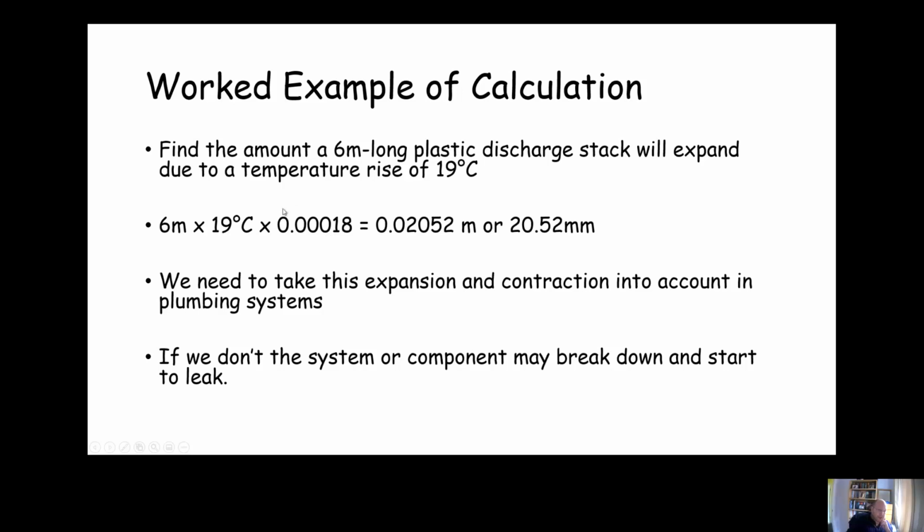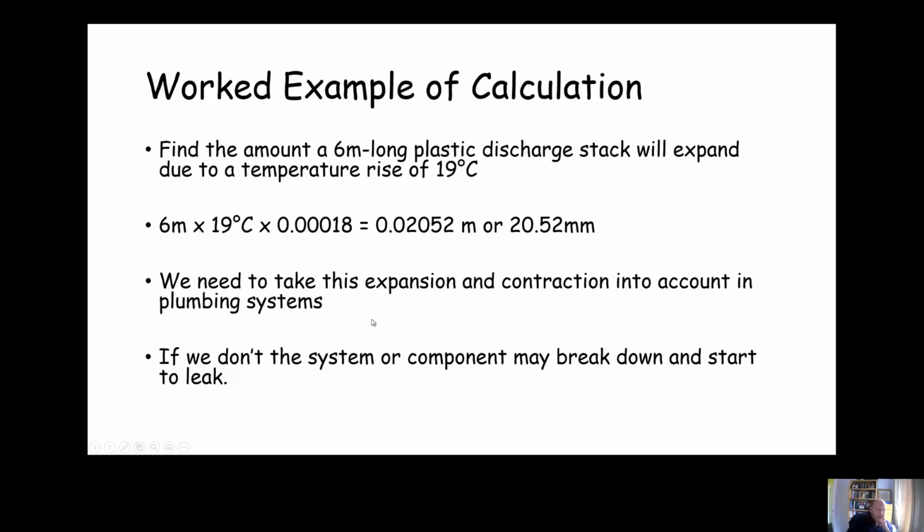So we multiply the coefficient of linear expansion by the temperature rise, 19, by the length, which gives us an answer in meters. In this case, it gives us 0.02052 meters. We can then change that to millimeters by multiplying by 1,000. So if we move that decimal point, 10, 100, 1,000, we've then got 20.52 millimeters.